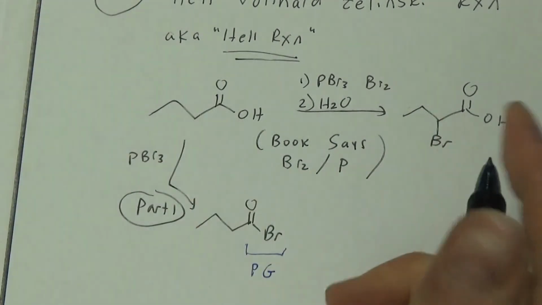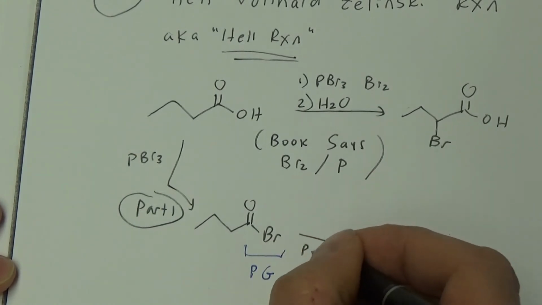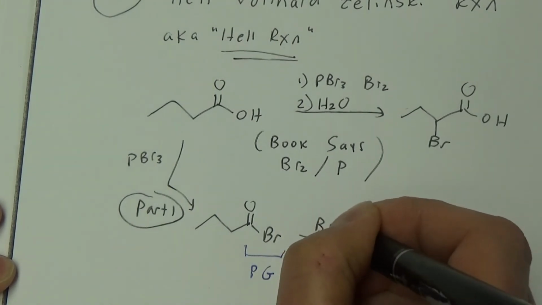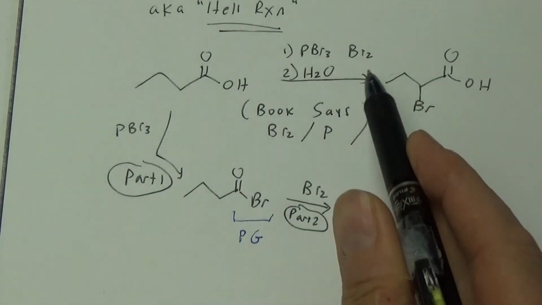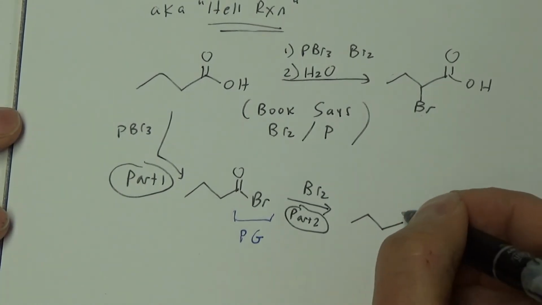which is weird because usually a protecting group is a stable thing. This is actually very unstable, but nevertheless it's kind of like a protecting group. Once you've got your acid bromide, then part 2 comes in, and that's where the Br2 reacts. This makes the alpha bromo acid bromide.